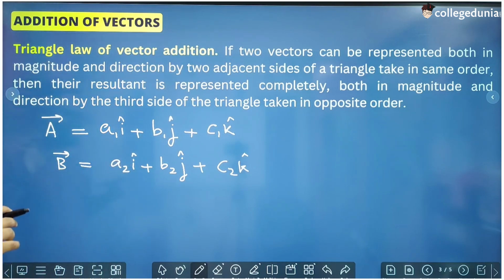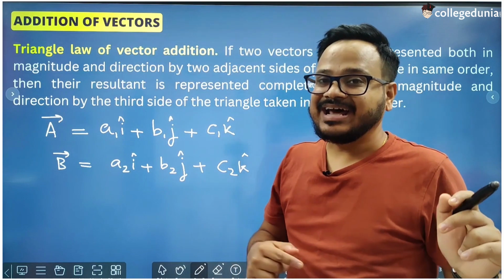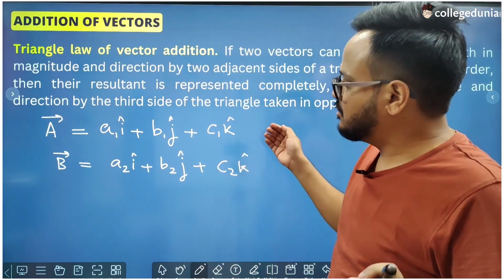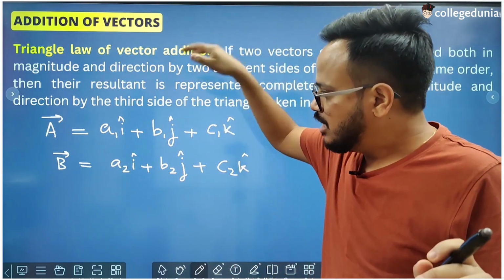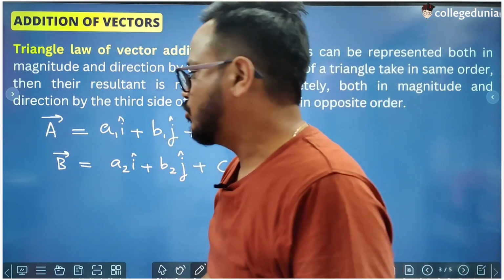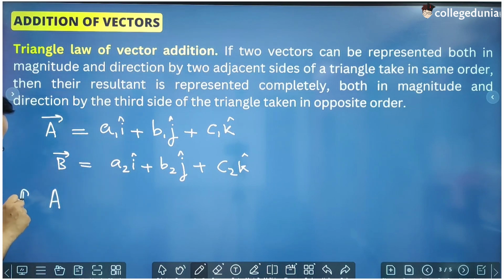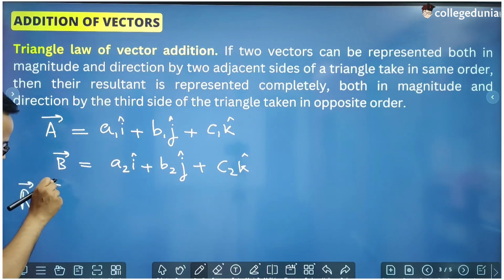So if we write both the vectors in vector form, then direction doesn't matter, because directions have already been included in this form. When you are writing it in this form, obviously you are including directions also. Then to find the resultant of a and b, you will simply add them in vector form.